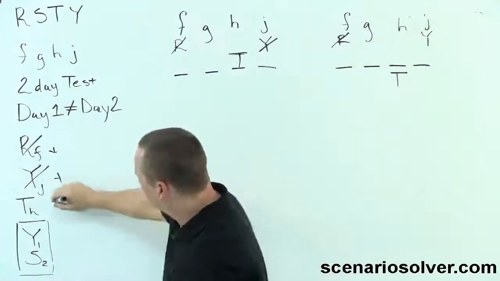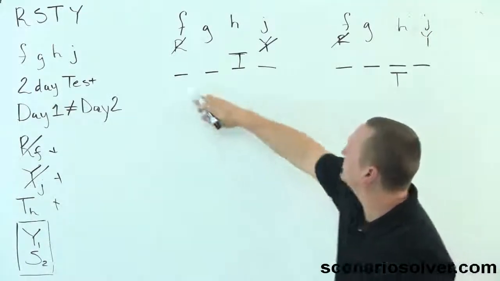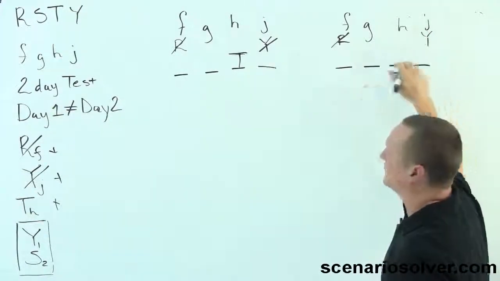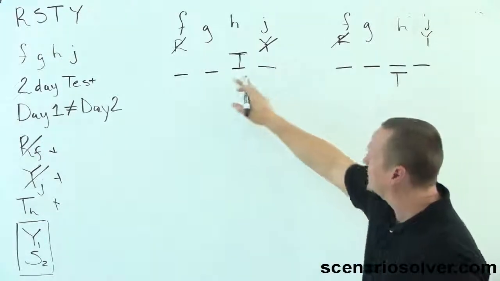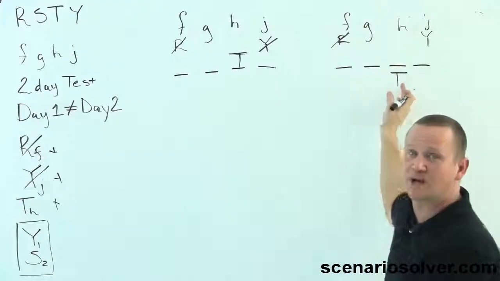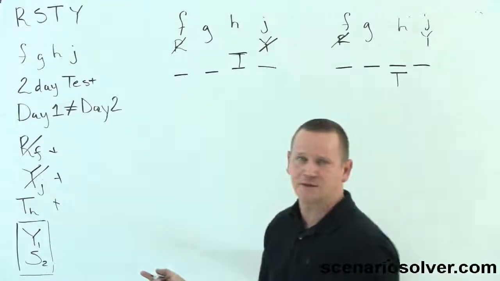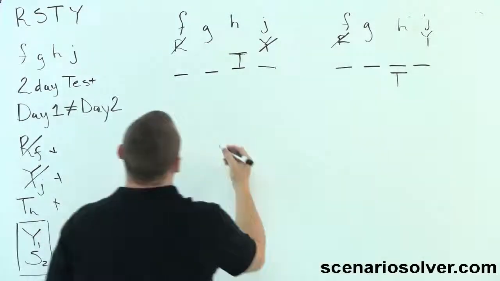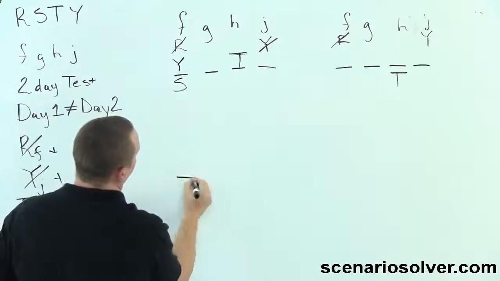Okay, so we've dealt with T. That's the only thing that can happen with T. Again, we don't know what's happening with T on the second day here or on the first day here, but we do know that T must occur with H on the first day, and it also can occur with H on the second day. So now we just look at what can occur with Y and S. Okay, so there's 2 possibilities for Y and S, and we just need to break this game out.